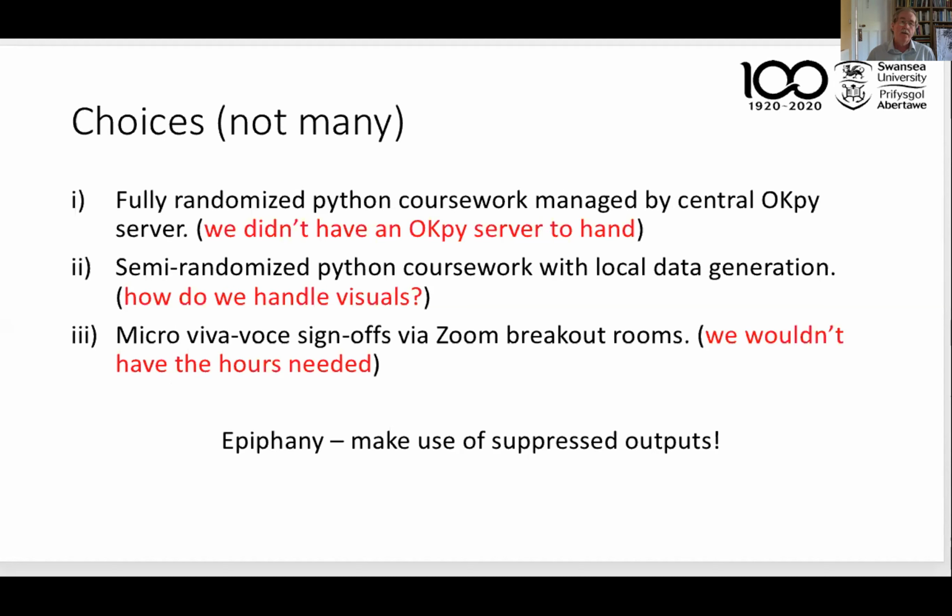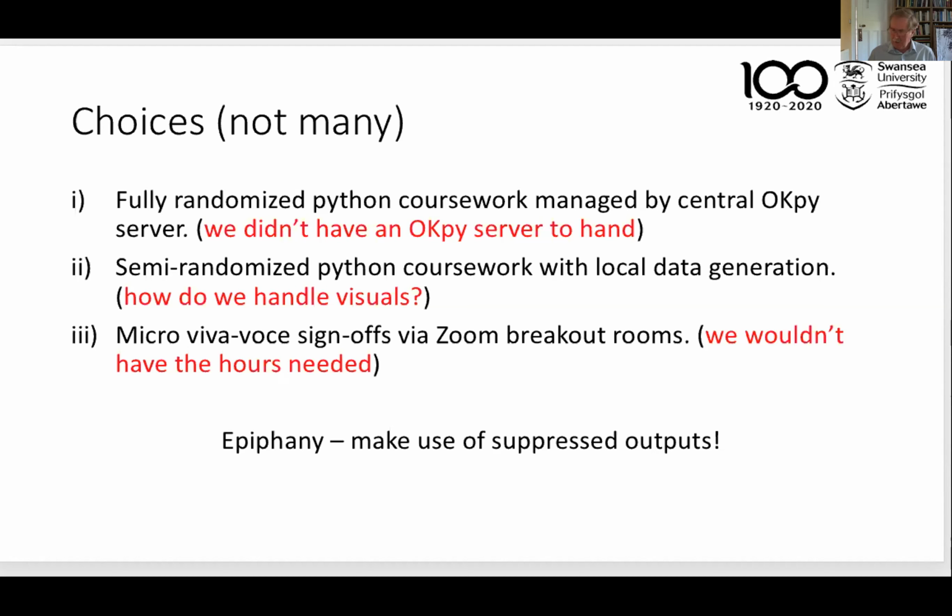I could go for semi-randomized Python coursework with the data being generated, and I do mean the data sets being generated, on the students' PCs. And then the worry was, how do I handle things like histograms, scatter plots, graphs, etc. The other possibility was to do essentially micro viva voce sign-offs using breakout rooms. And we wouldn't have the staff or the time available to do that.